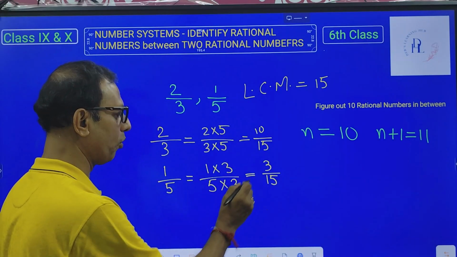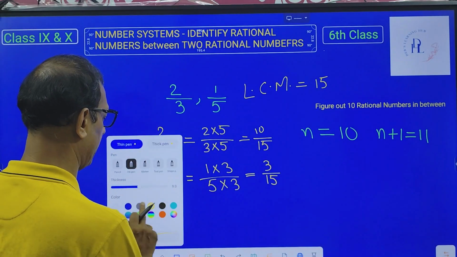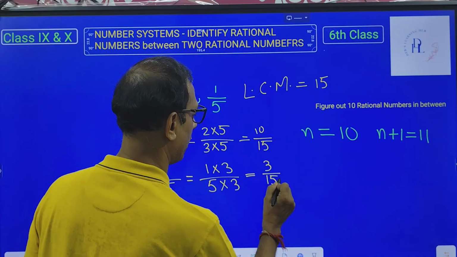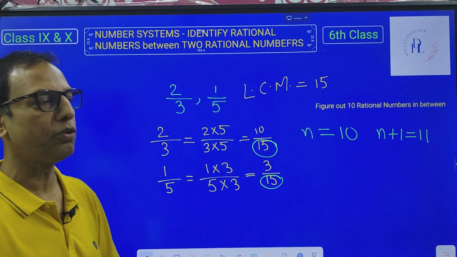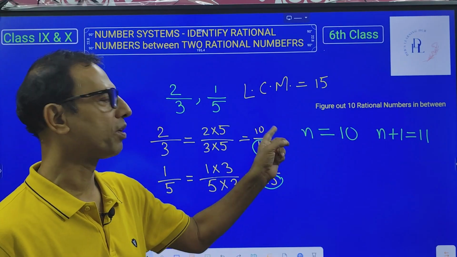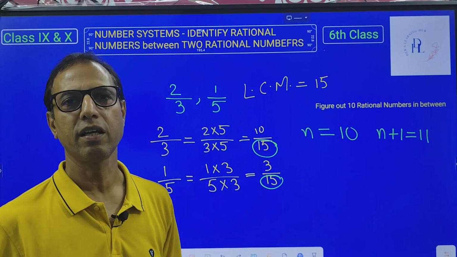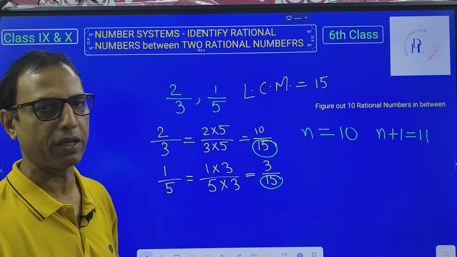Now since both the denominators are equal, 15 here and 15 here also, you need to multiply both numerator and denominator by n plus 1, that is 11, because n equals 10, right?